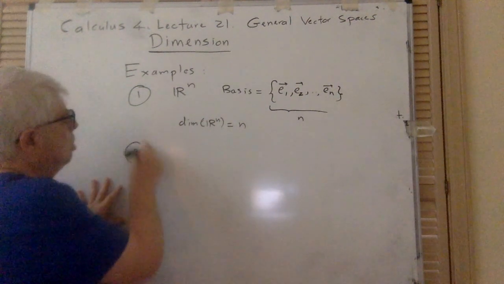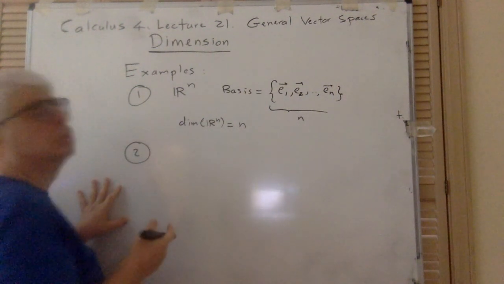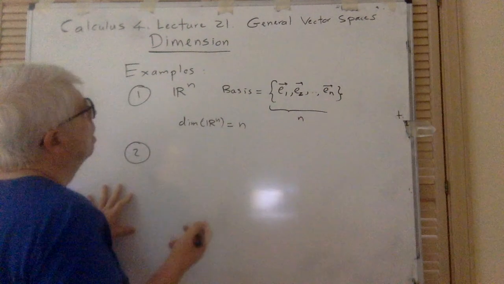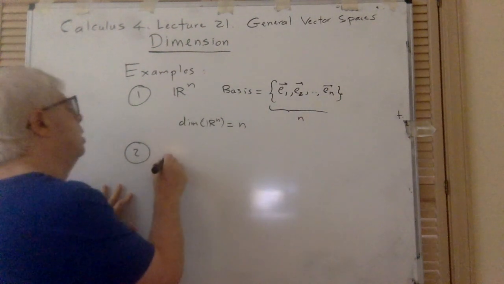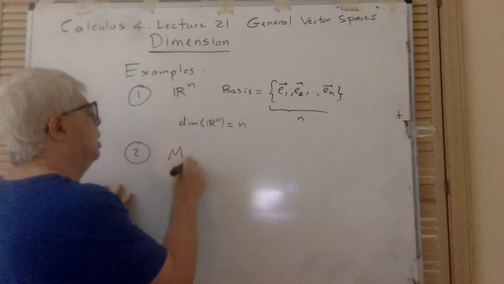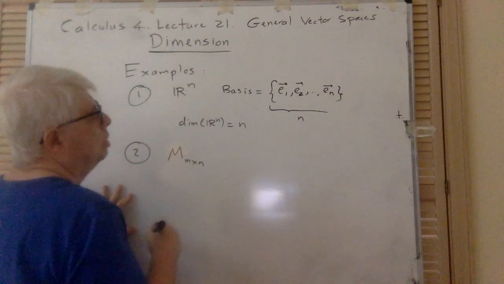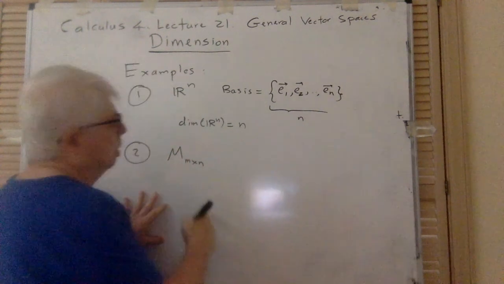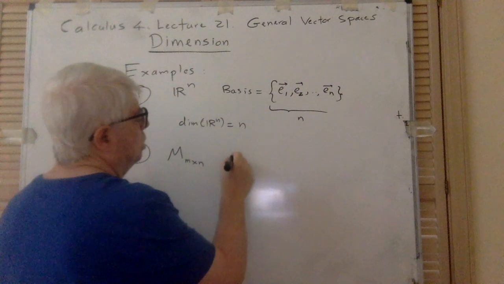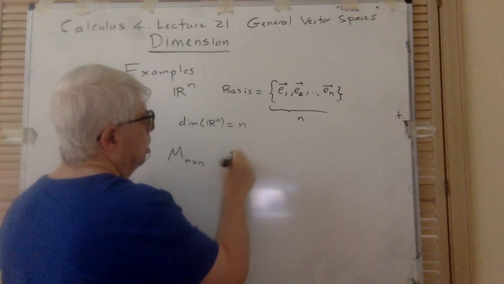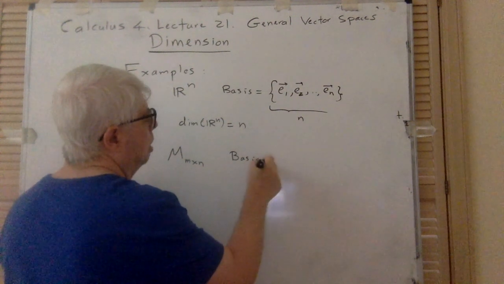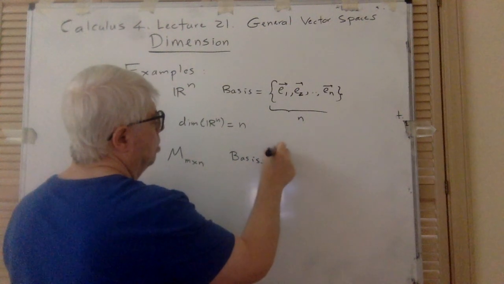Number two, what else did we study? M by n matrices. A basis is something like matrices like this.